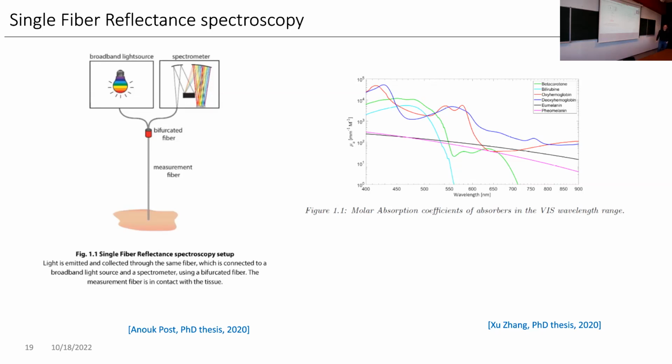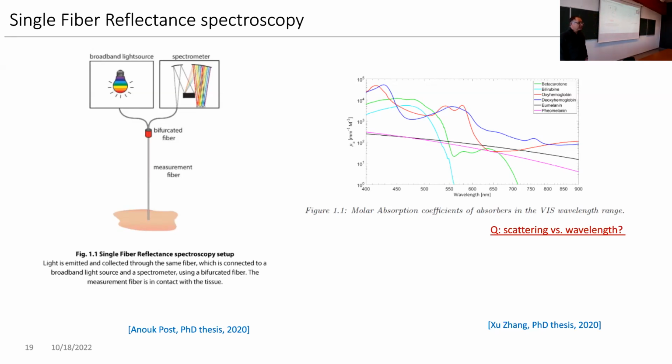Melanin can also occur in the forms of eumelanin and pheomelanin, just 2 different chemical forms. And bilirubin, beta-carotene, all compounds with different absorption spectra, which occur in different fractions of the tissue, and which all leave their fingerprint on the detected spectrum. And then, of course, there is scattering as well.